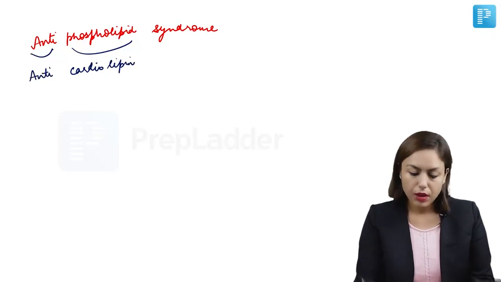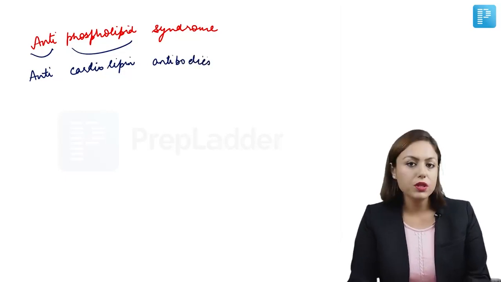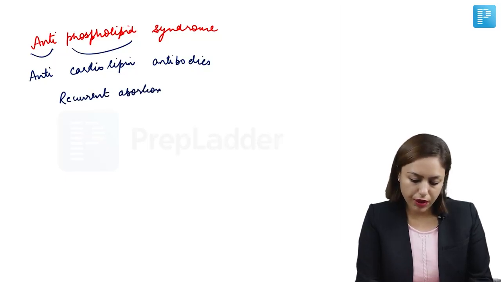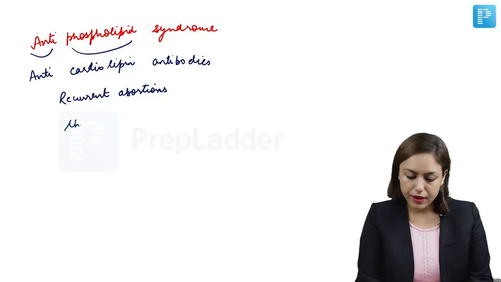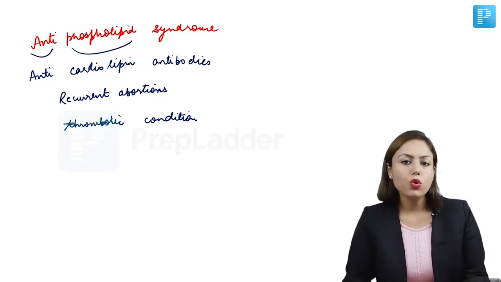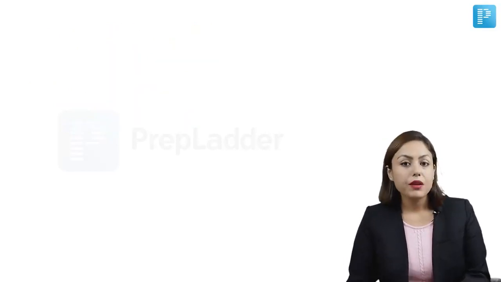So there are anti-cardiolipin antibodies in the patient. There is a history of recurrent abortions in the affected female, and it's a thrombotic condition. So in this condition, the cardiolipin phospholipid is acting as an antigen in the body, right?